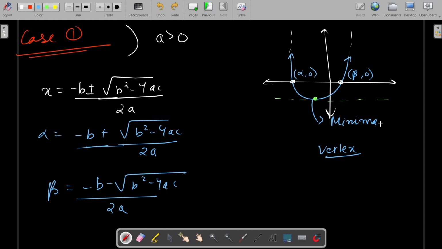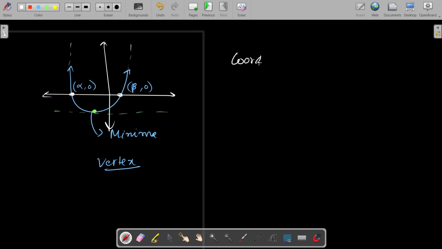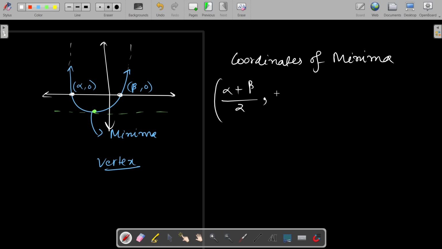So the x coordinate of the minima is alpha plus beta over 2, and the y coordinate is f of alpha plus beta upon 2.